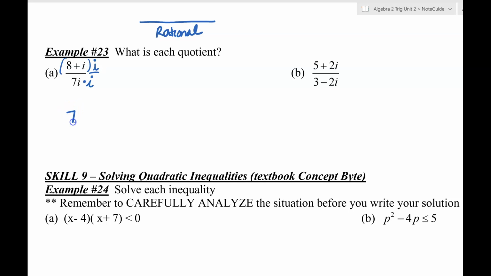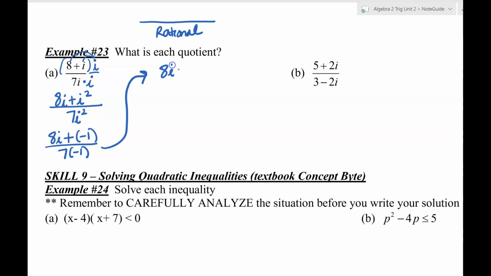And the reason this works out really nicely is because it creates 7i squared. That will convert to a real number as we finish the problem. In the numerator, it will distribute. So I'll have 8i plus i squared. And so I will have 8i plus negative 1 over 7 times negative 1. So this is 8i minus 1 over negative 7.